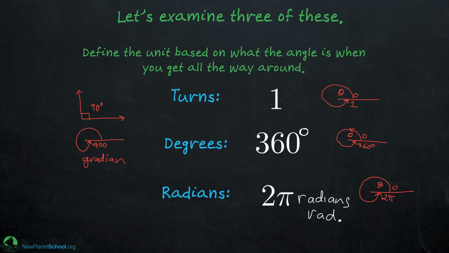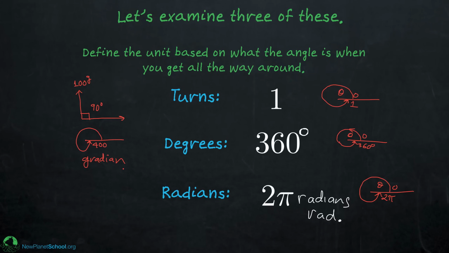Well, why 90? We like to use numbers that are divisible by 10, like 10 and 100 and 1,000. So instead, if we define this to be 100 of something, that would be a gradient. So this is 90 degrees or 100 gradients. That's another unit that you see. I mention that because it's sometimes on calculators, but it's not used very much.